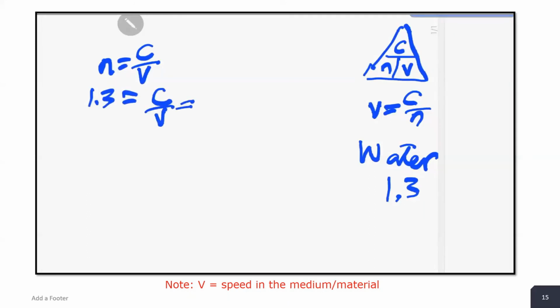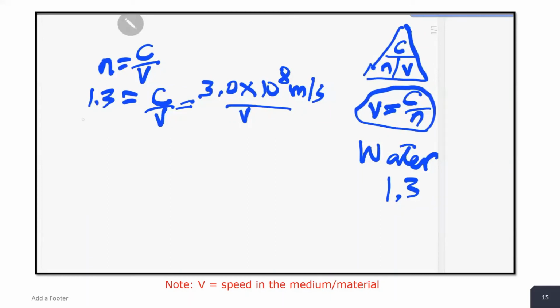What is c? The standard speed of light in vacuum is 300,000 kilometers per second, or 3.0 × 10^8 meters per second, over v. But we are looking for the speed of light in material, so this is our formula: v equals c over n.